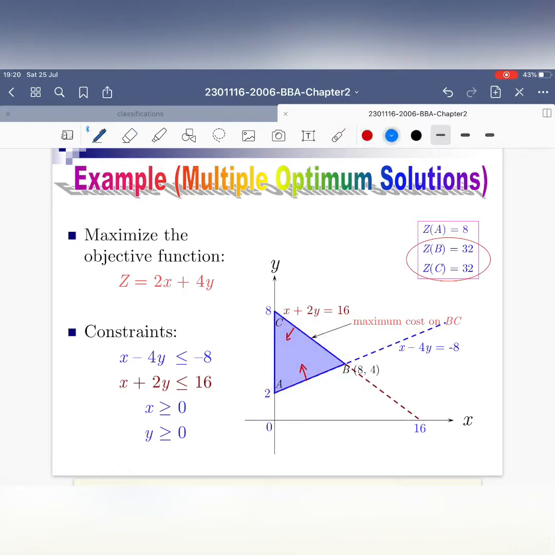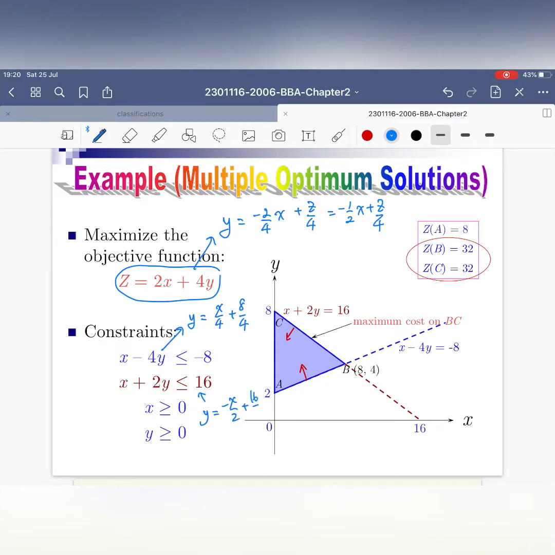But if you look at your objective, it is y equals -2/4 x plus z/4, or -1/2 x plus z/4. And if you look at only the line, your y is equal to x/4 and 8/4, right? And this one, your y equals negative x over 2 and 16 over 2.